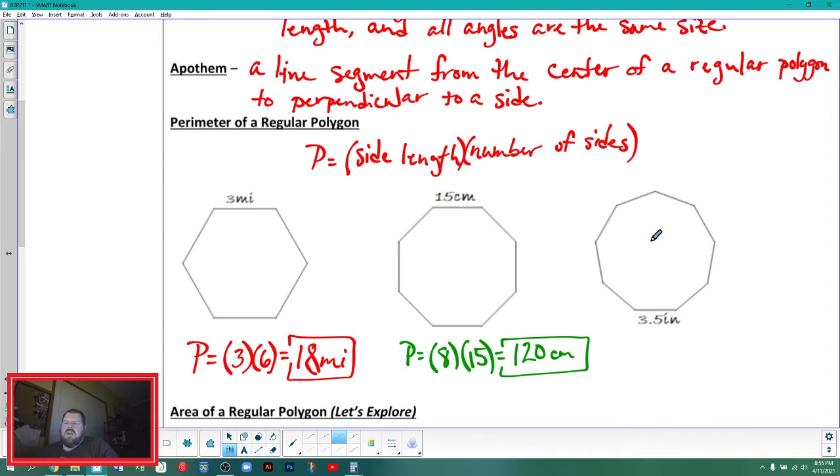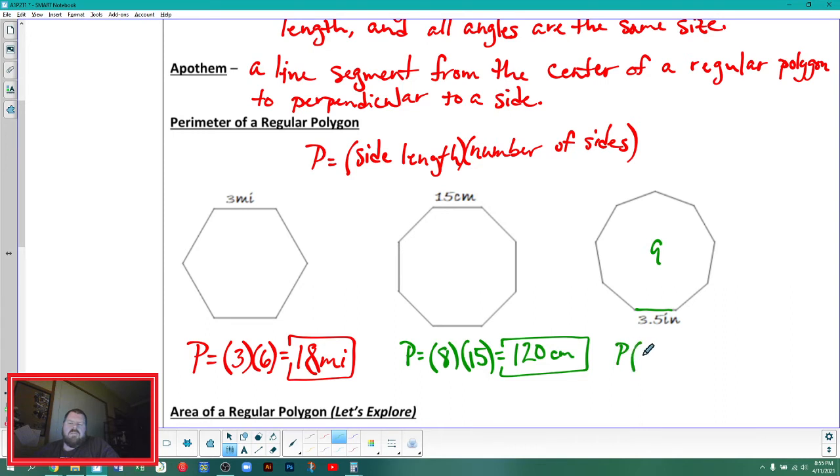The last one we have, better count these sides. It looks like an odd number. You can tell that because on one of top or bottom you have something that's flat, and on the other you have a point. So let's go ahead and count: 1, 2, 3, 4, 5, 6, 7, 8, 9. We have 9 sides. We'd call that a nonagon.